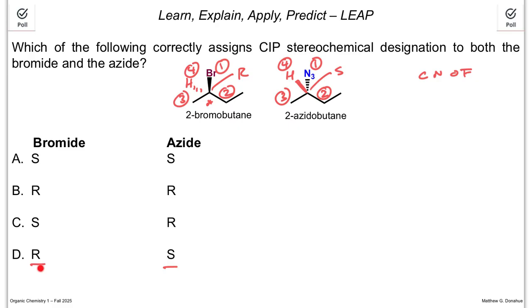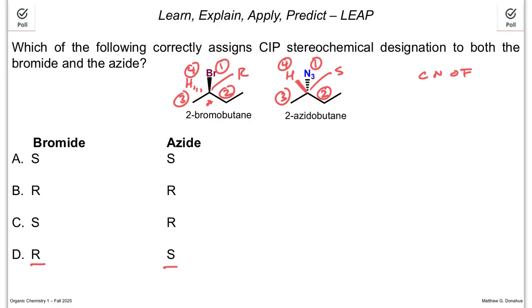So you see the inversion again with how the bonds are drawn, and that inversion is also witnessed here with the CIP nomenclature, R to S. What I said, though, is that based on the nature of your leaving group and nucleophile, sometimes those priorities don't always invert.